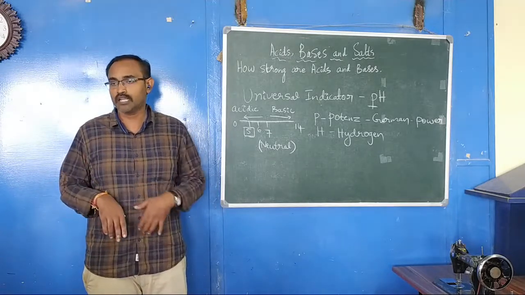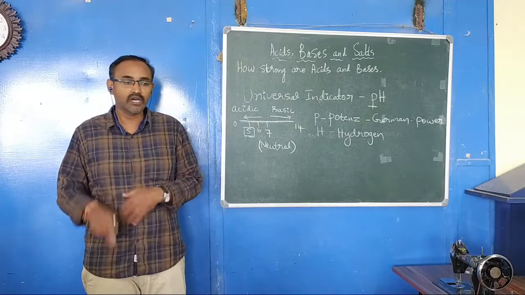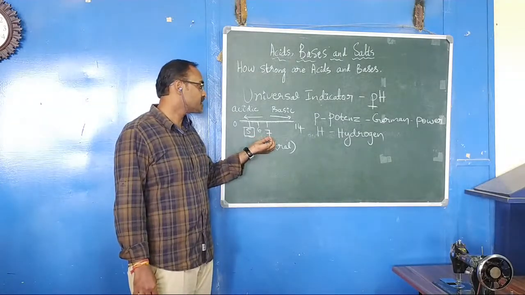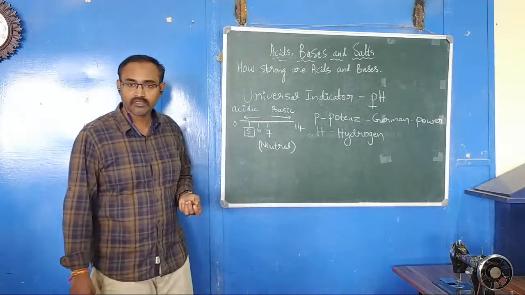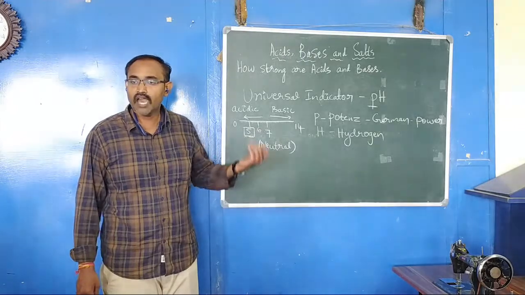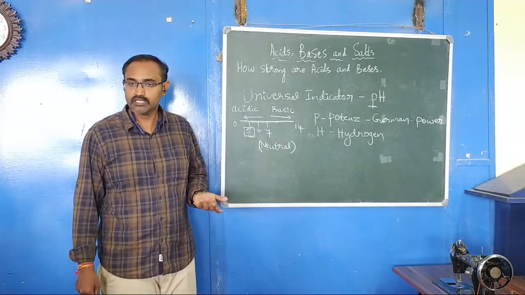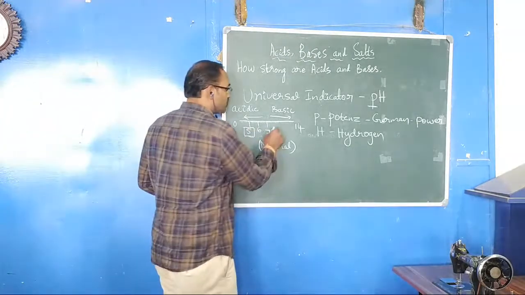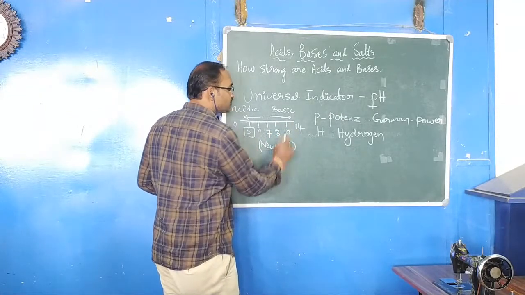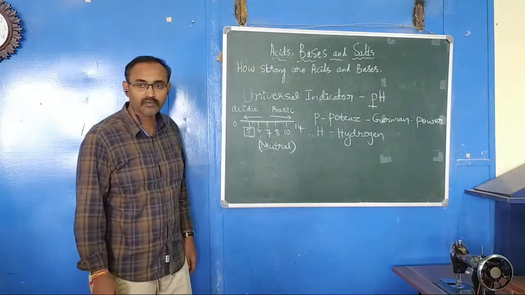So we can determine by knowing the colors. If it is more than 7, then it is a basic solution. If it is 8 and if it is 10, which is more basic here? 10.